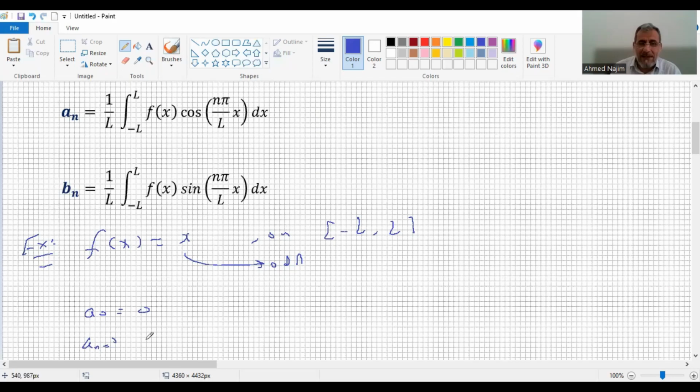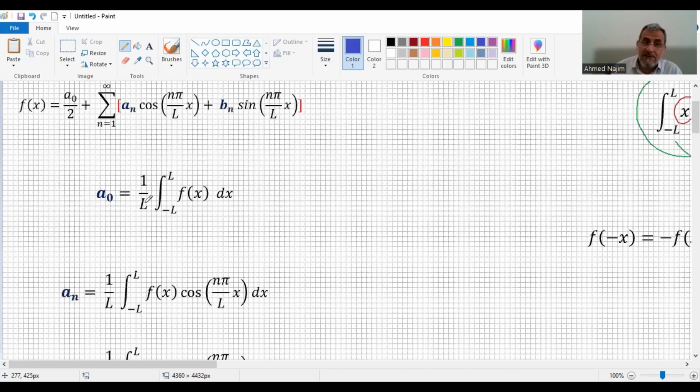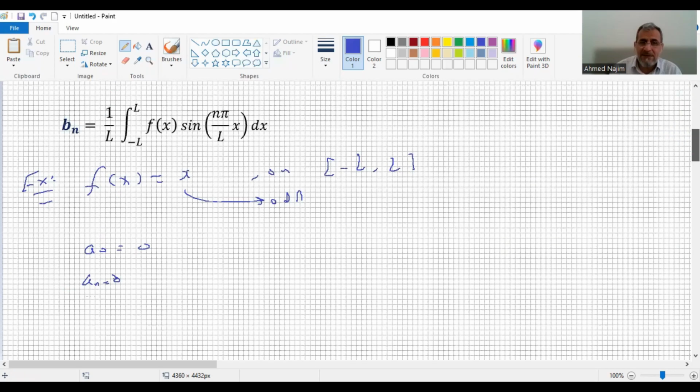Now, A n is also 0. See, A naught. What is A naught? Returning back, it is 1 over L integral from negative L to L of f of x. Now f of x is x. Let me rewrite it again.